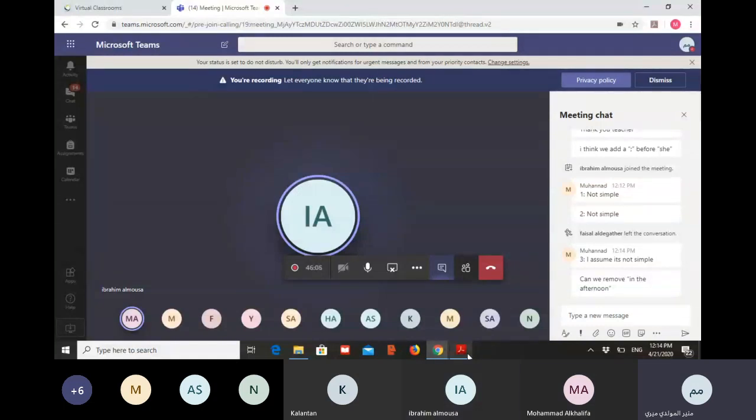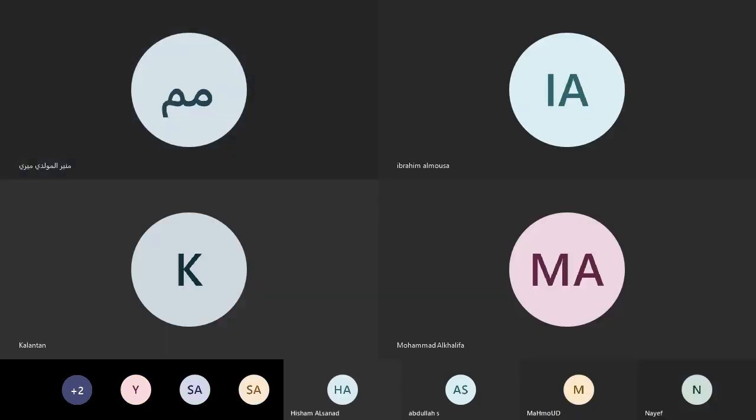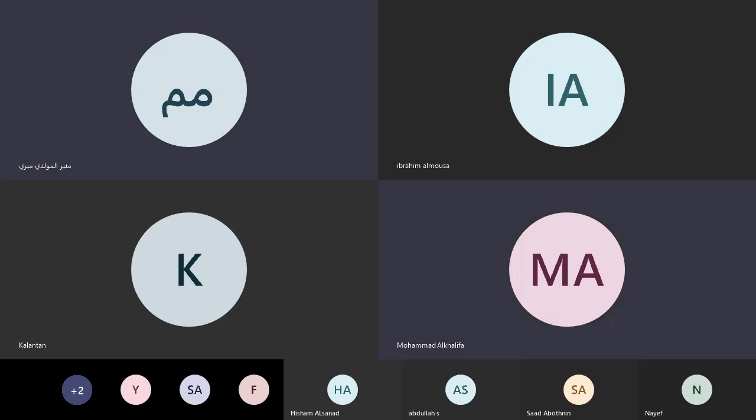But here, Muhammad, in the afternoon is not a subordinating conjunction. There is no subordinating conjunction. There is no coordinating conjunction. So it is only an adverbial of place or an adverbial of time here. So we cannot remove it, because the parts that we must remove from the sentence are those which are introduced by either a coordinating conjunction or a subordinating conjunction. Okay?